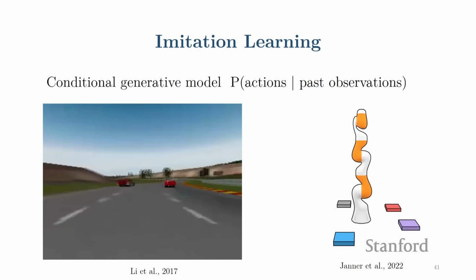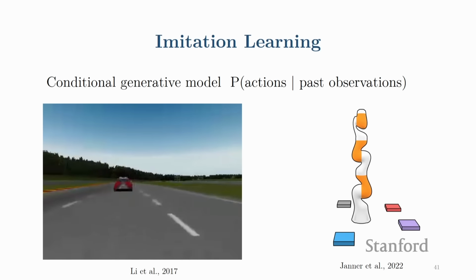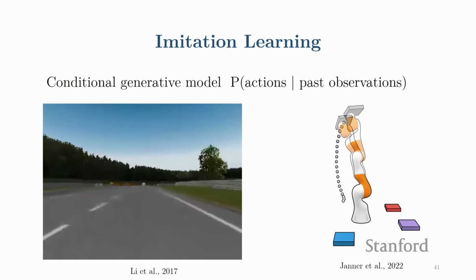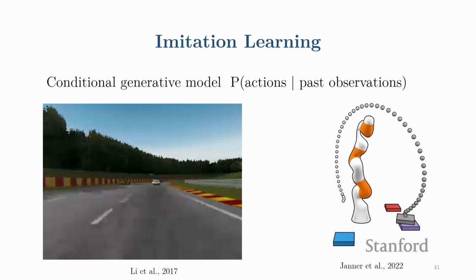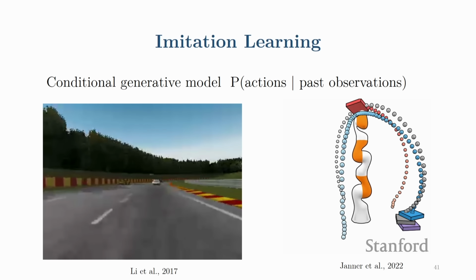So it's non-trivial, but if you have a good generative model, then you can make good decisions in this simulator. This is an example where you can train a diffusion model to stack objects. You need to figure out what sort of trajectories make sense. If you have a good model that understands which trajectories have the right structure, then you can use it to stack a different set of objects, and you can control the model to produce high-quality policies.